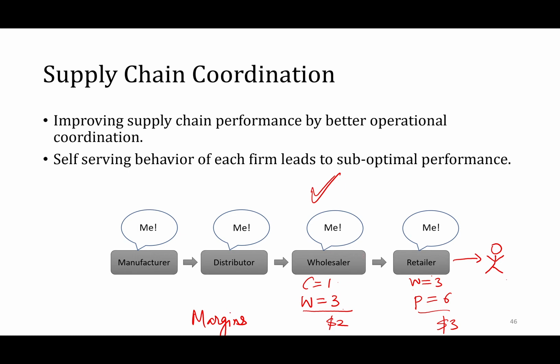Now, how would the wholesaler be able to increase their margin? They can do it by increasing their wholesale price. The cost, they could reduce it, try to make their processes more efficient, but it's not something that's very easily achieved.